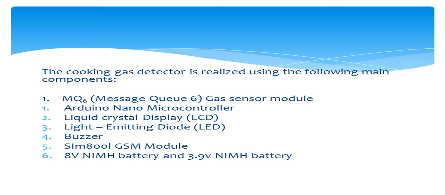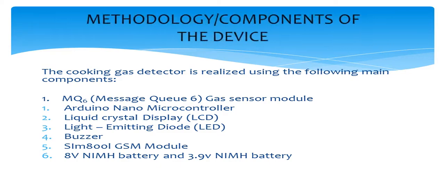Then you have the batteries. Here we use two different types of batteries: the 4.0 volt nickel batteries and 3.0 volt nickel batteries for powering the microcontroller and the SIM module respectively.